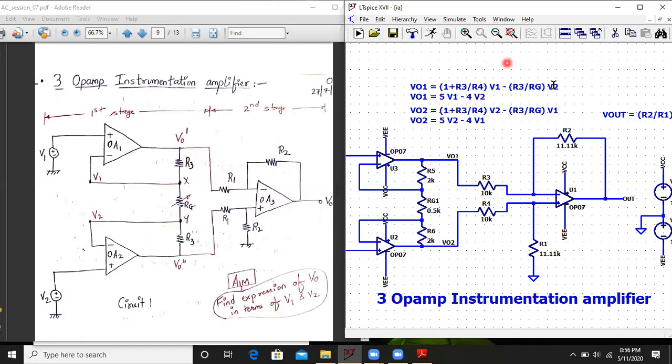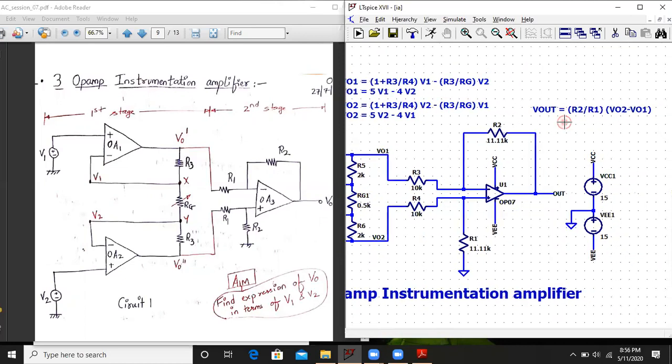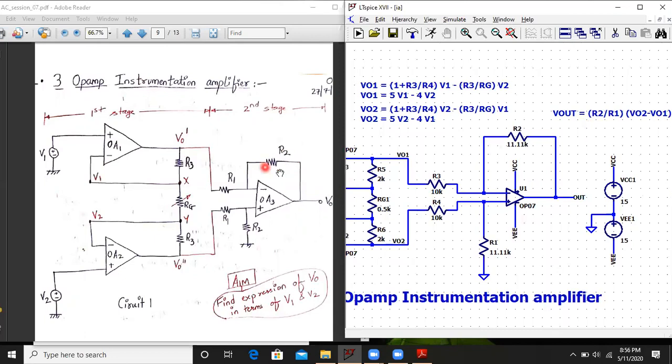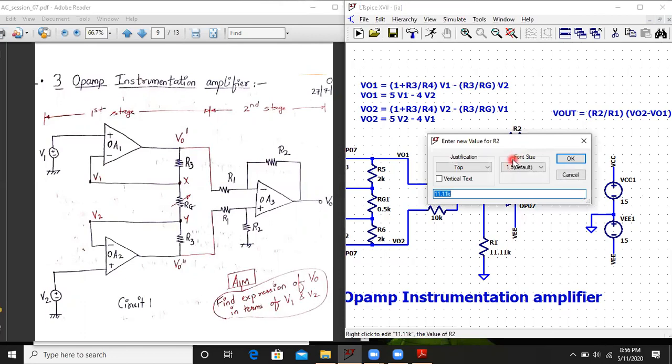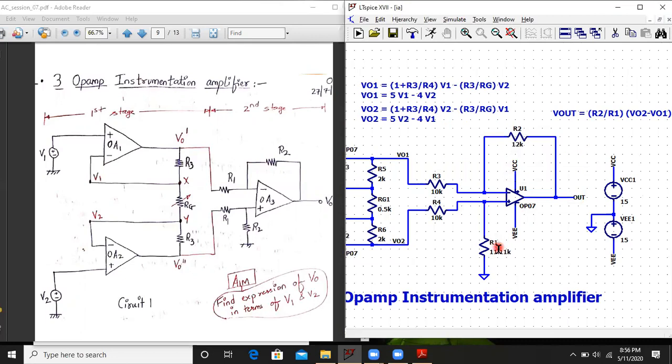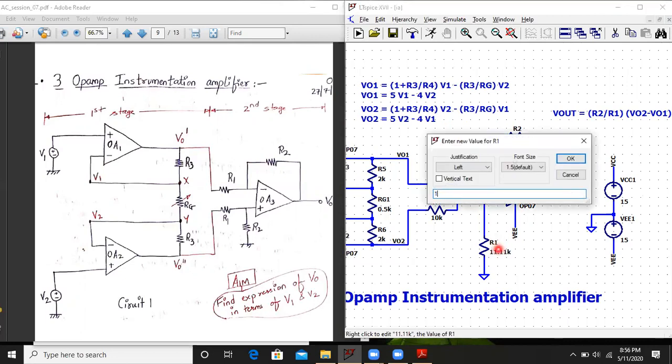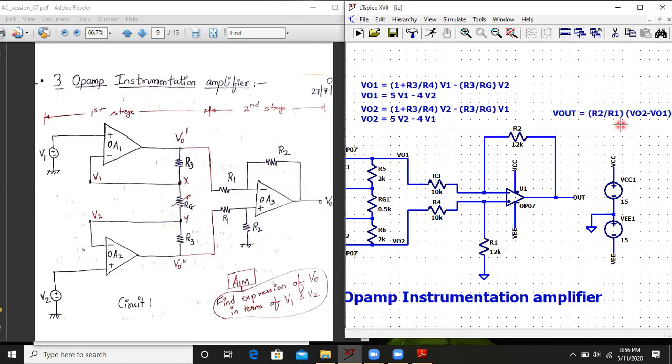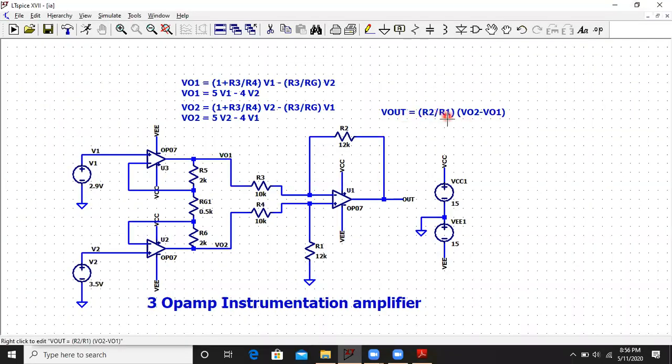Now let us concentrate on this circuitry over here, and also note that the R2 upon R1. So this is R2 and this is R1. So this is 11.1111K. So let me just make it around 12K, for time being. Okay. So right now, what we have is R2 upon R1.